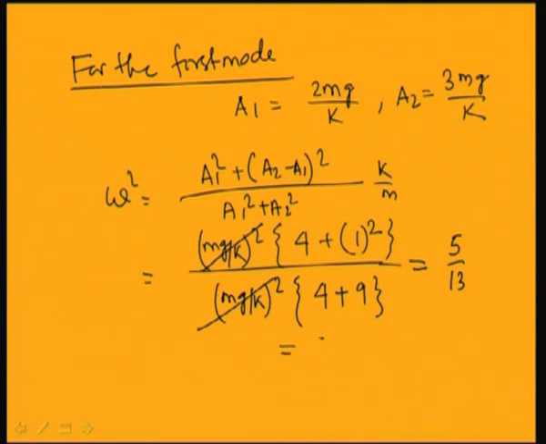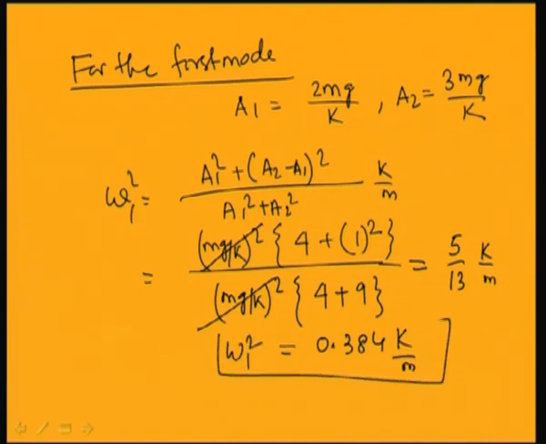So this is equal to 0.384 k by m. This is omega 1 square, for the first mode, so omega 1 is the root of this, which becomes 0.62 root over k by m.